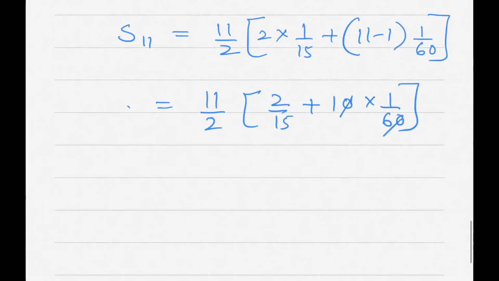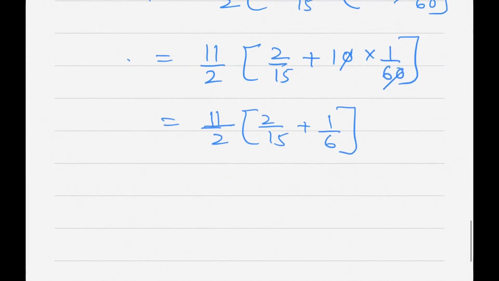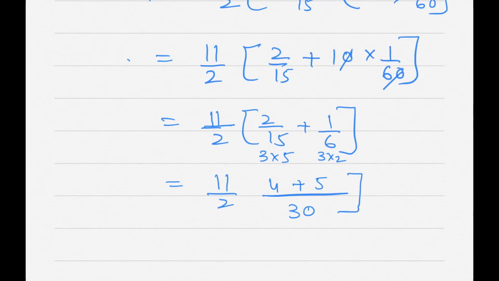Okay, now this 0 goes, so I get 11 by 2 into 2 by 15 plus 1 by 6. Again LCM: this is 3 into 2, this is 3 into 5, so 30 will be my LCM. So 2 times, so 4, and 5 times, so 5 here.